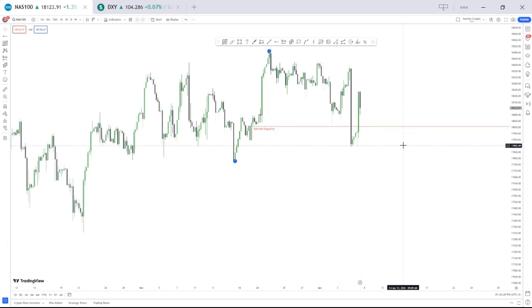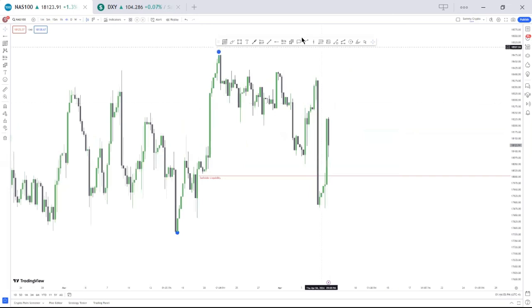Unlike EURUSD, where if the dollar is buying, you're expecting EURUSD will be selling, like opposite. But for Nasdaq, it's not just like that. If the dollar is buying, Nasdaq too could be buying. If the dollar is selling, Nasdaq too could be selling. But sometimes if the dollar is buying, Nasdaq will be selling. So there's no correlation there, right? So I don't use correlations. I'll pass on to the next question.